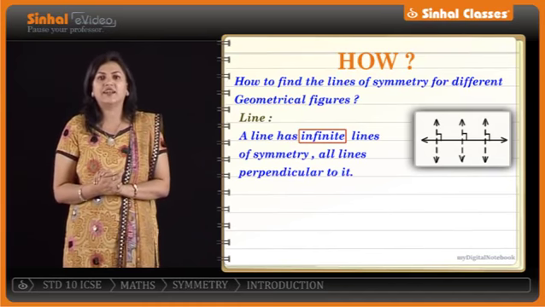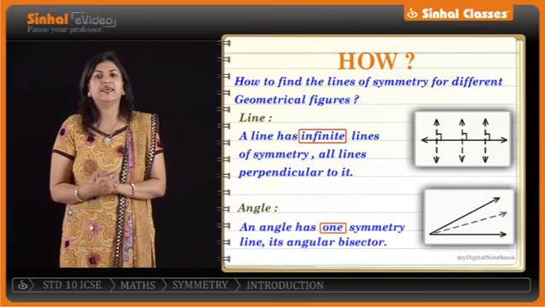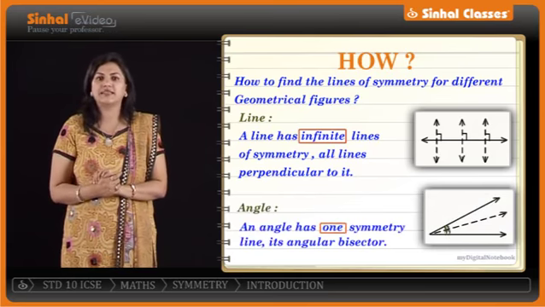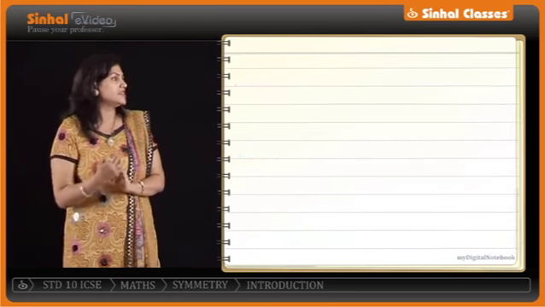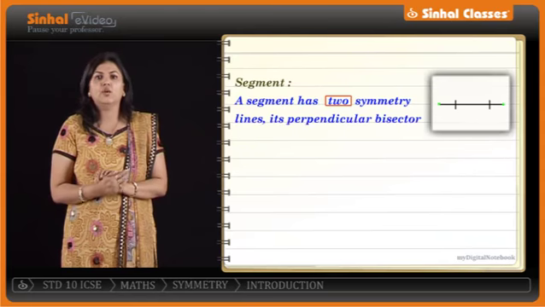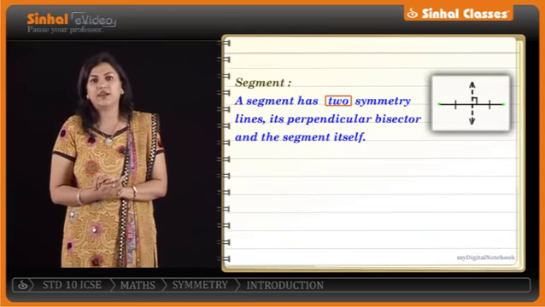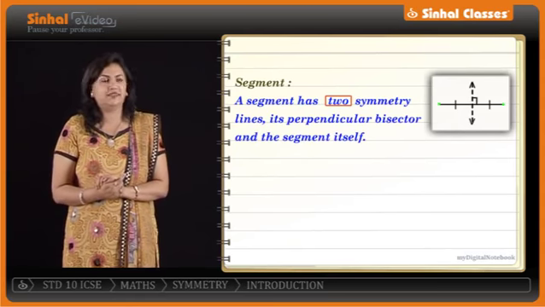Now, if we have an angle, there is one line of symmetry, that is the angular bisector. For a segment, there are two lines of symmetry. One is the perpendicular bisector and the other one is the segment itself.